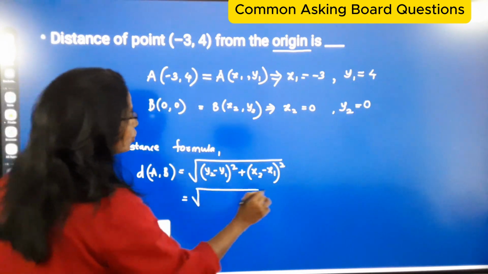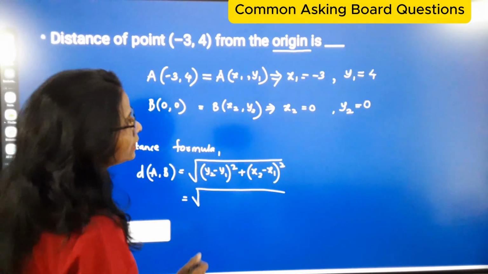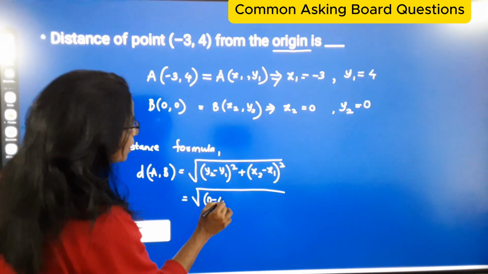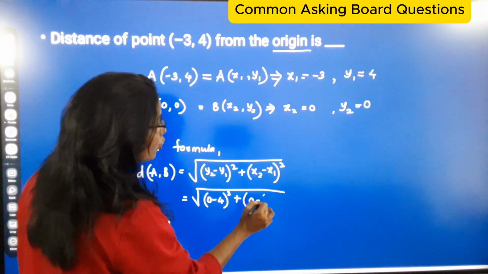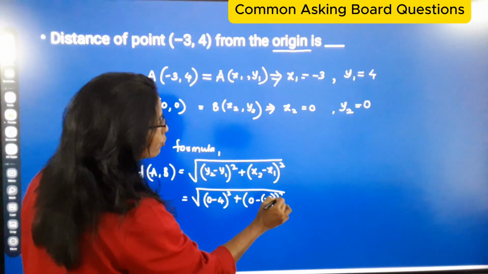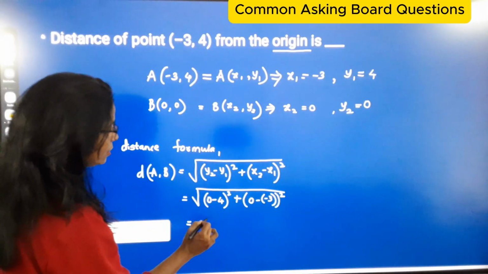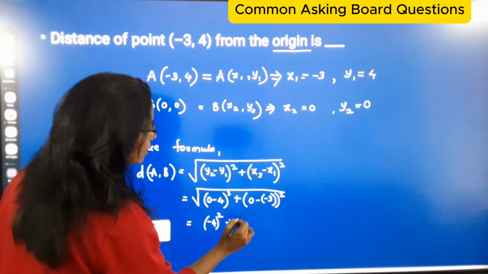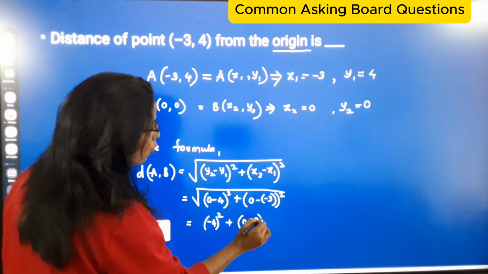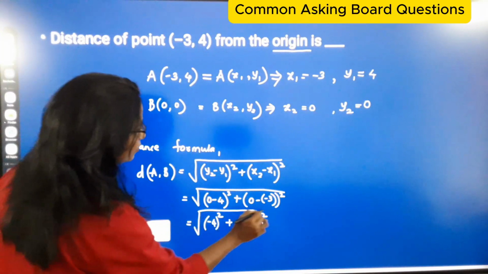Now substitution: 0 minus 4 whole bracket square plus 0 minus of minus 3 whole bracket square, that means minus 4 square plus 0 plus 3 whole bracket square, in the square root.